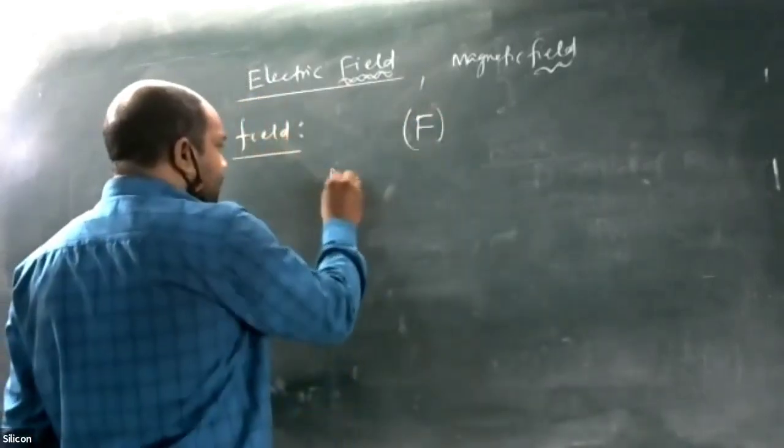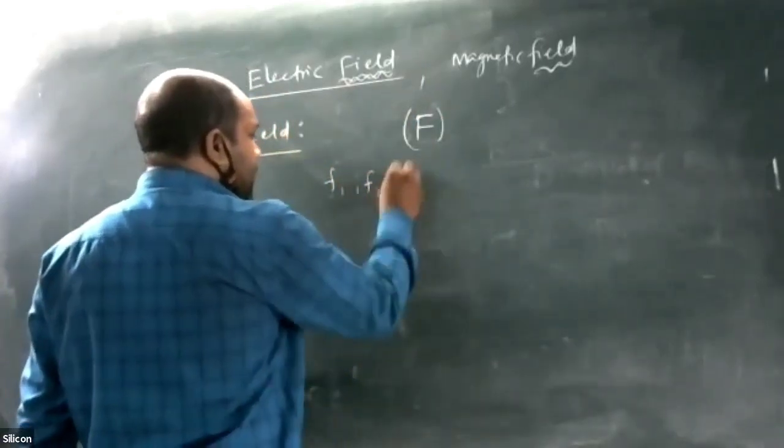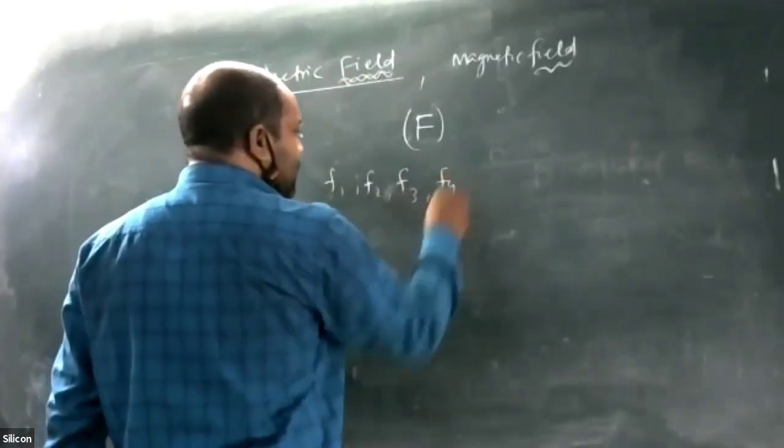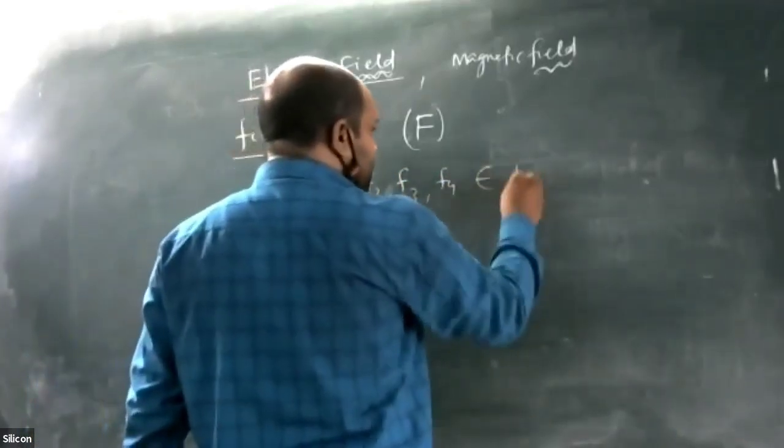Let's say F1, F2, F3, F4 are the elements of the set.